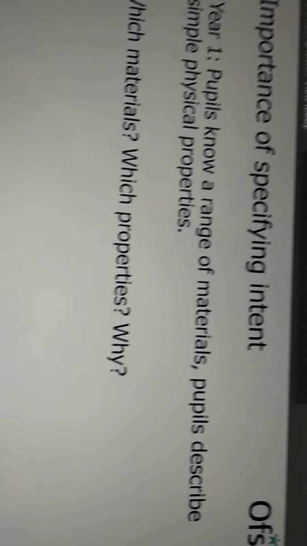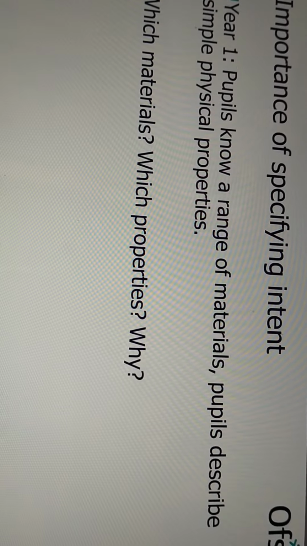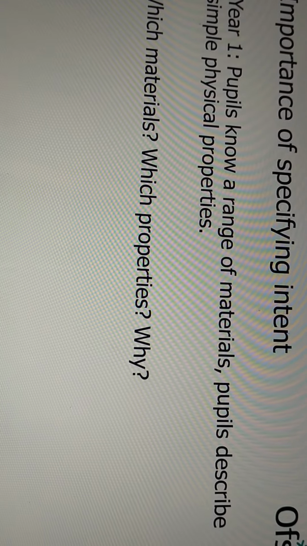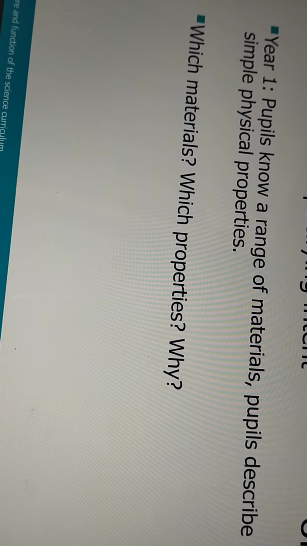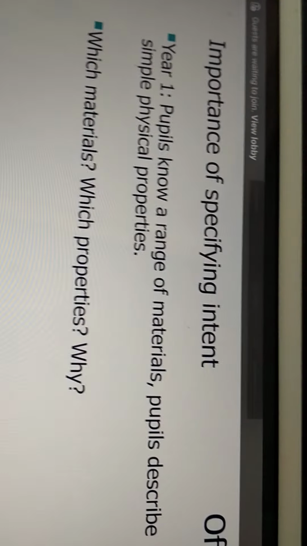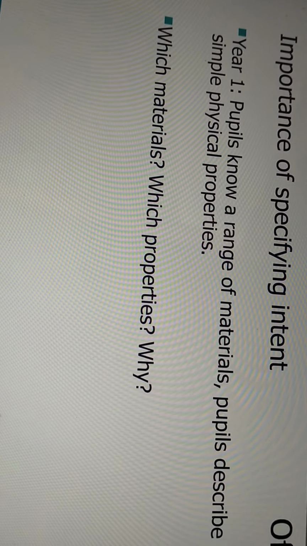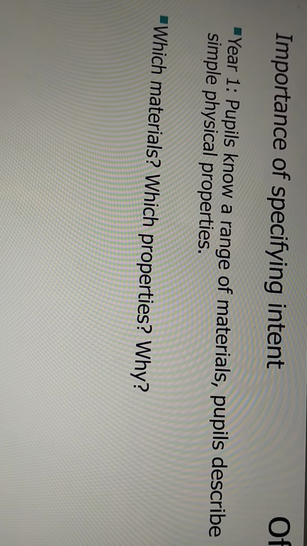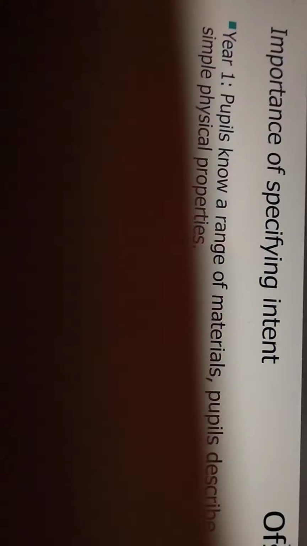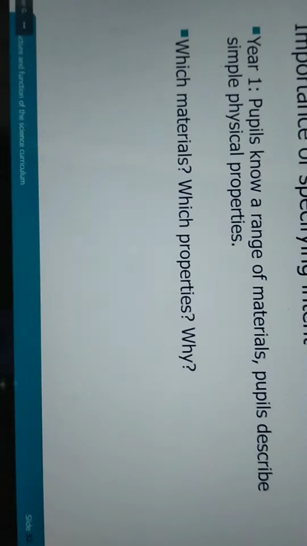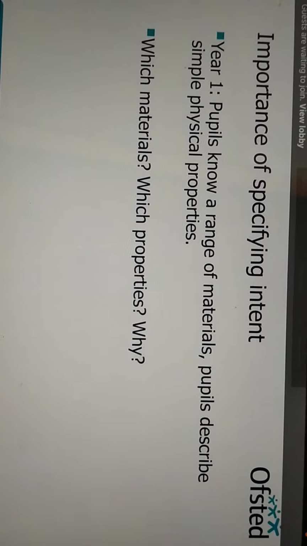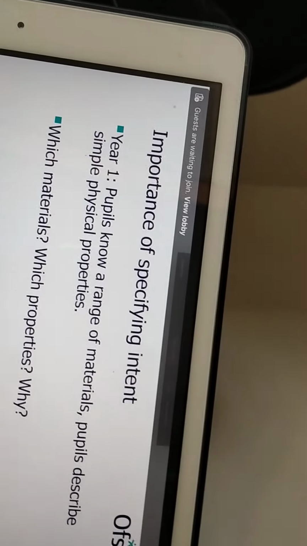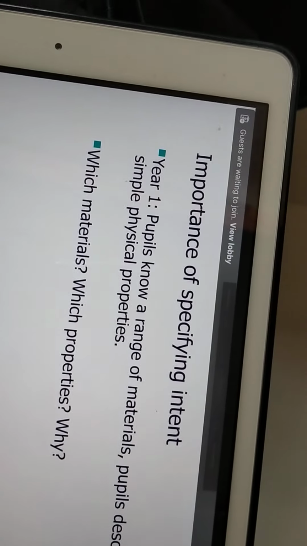Depending on what materials they learn about, that might make future learning easier or harder and may decrease the likelihood of misconceptions forming. By being clear on exactly what pupils are learning, you're able to select the best content for pupils to learn at specific points. So I'm going to give you an example here that we drew on in the review.